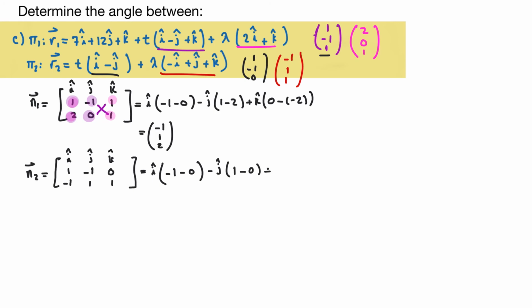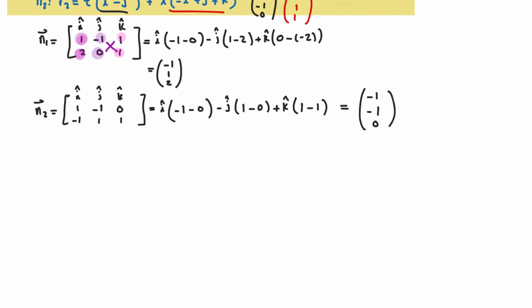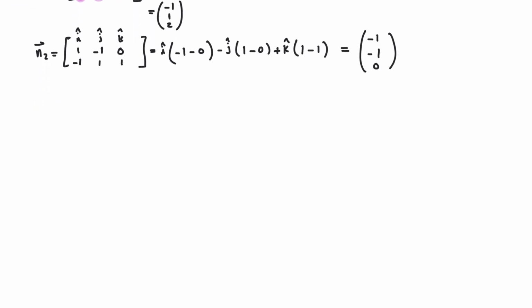And for my positive z component, I will do 1 times 1, which is 1, minus negative 1 times negative 1, which is also 1, giving me the three components: for x being negative 1 minus 0, for y 1 minus 0 times negative 1, which is another negative 1, and for the z component, 1 minus 1, which is 0. Now I'm going to shift everything up to here so we can see both of the normal vectors.